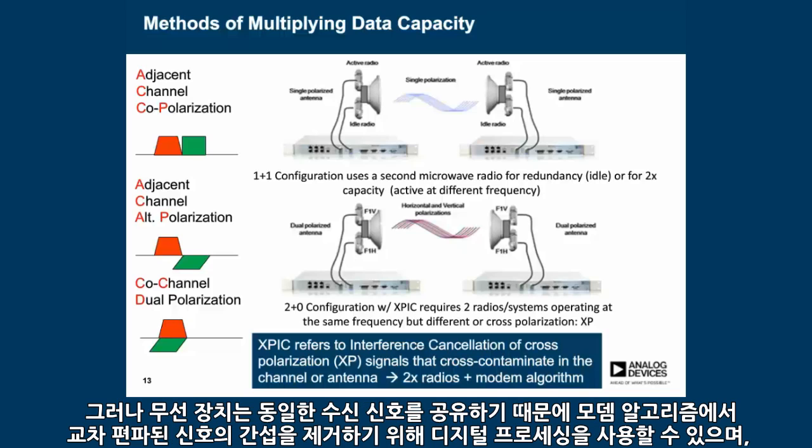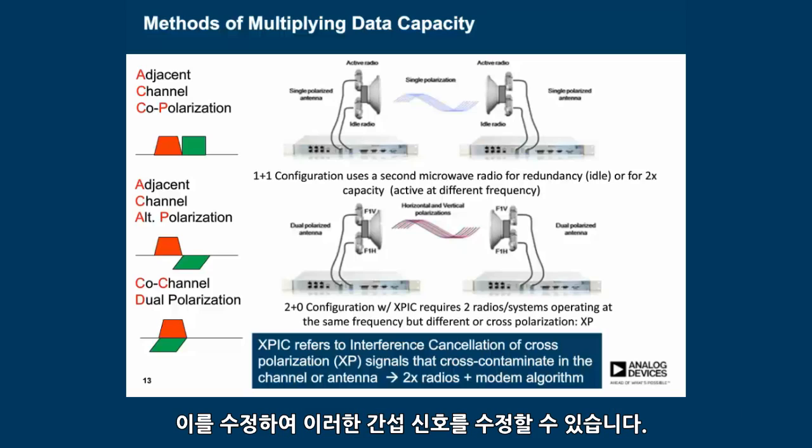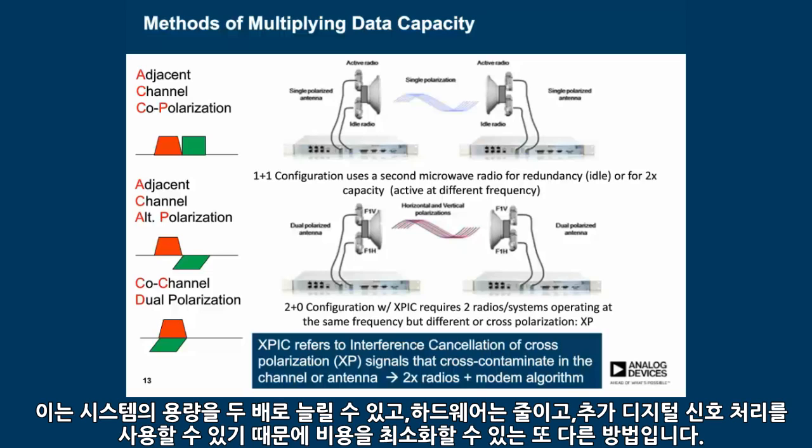However, since the two radios share the same received signal, it is possible to use digital processing for interference cancellation of these cross-polarized signals in the modem algorithm, which can correct these interference signals. This is another way to double the capacity of a system and also minimize cost by reducing hardware and using additional digital signal processing as an advantage.